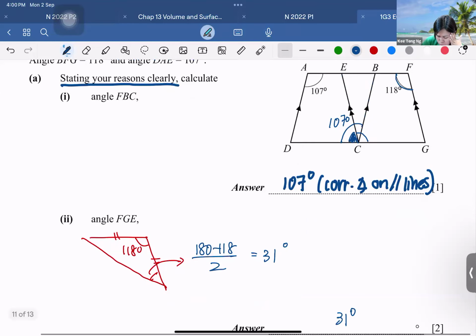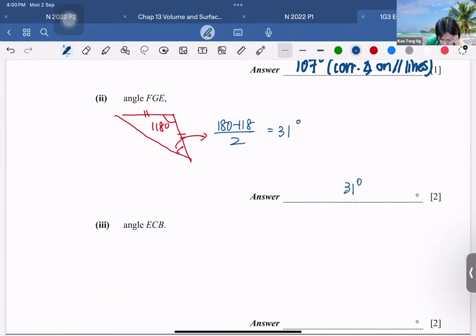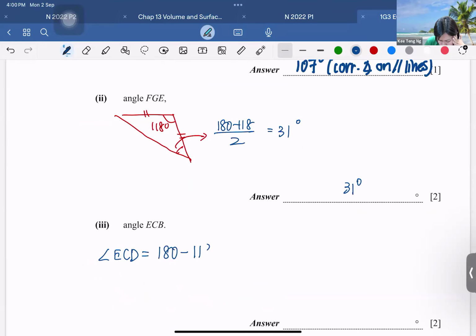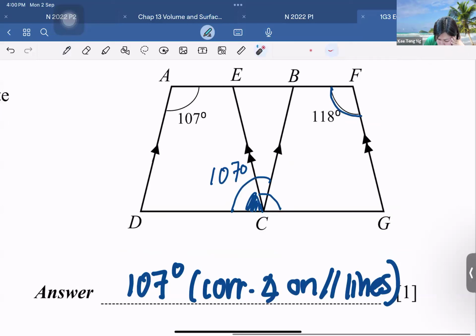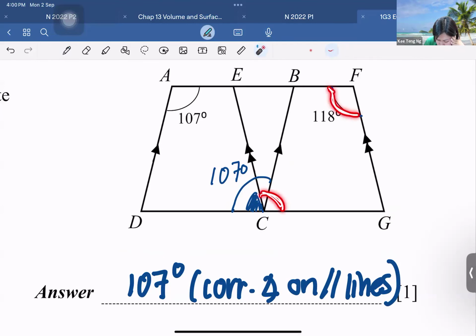ECD. Let me find ECD first. Angle ECD, 180 minus 118. Firstly, it's 118 because this is 118. Here is also 118 because opposite angles of a parallelogram, opposite angles of a rhombus.